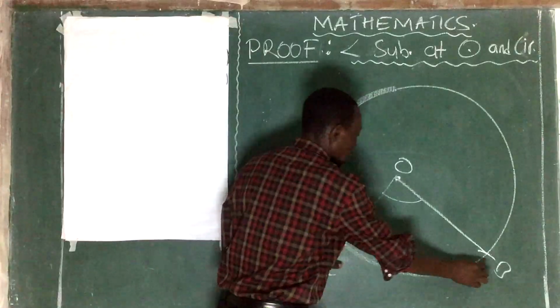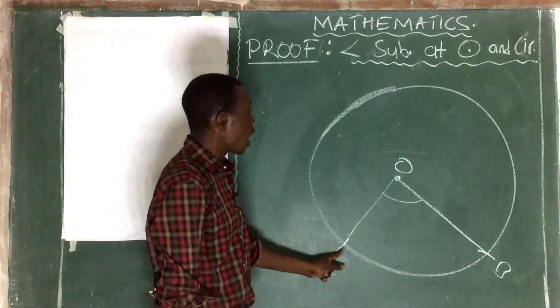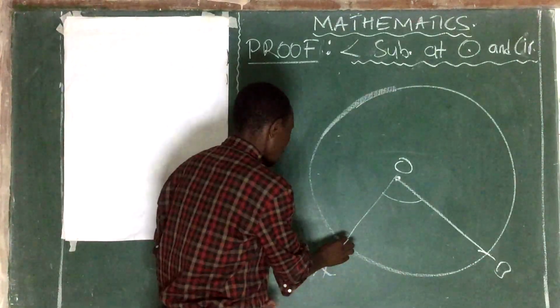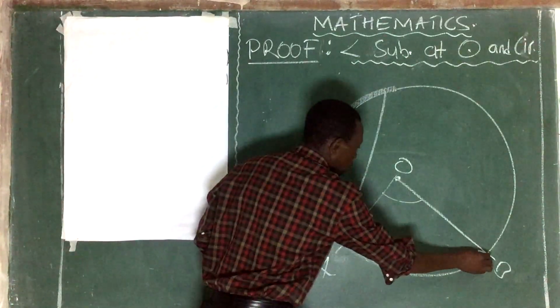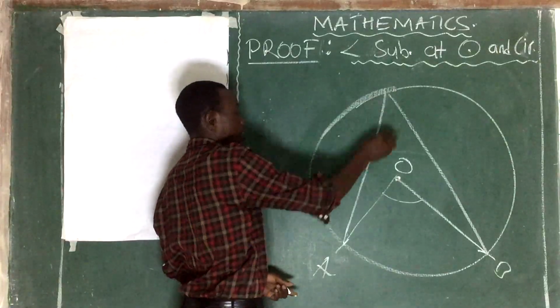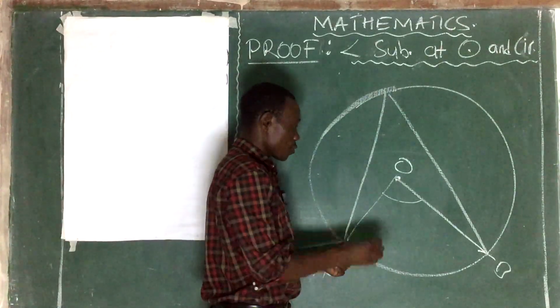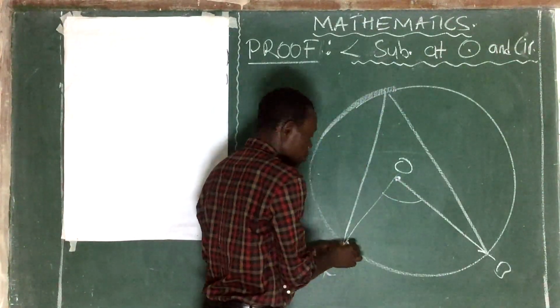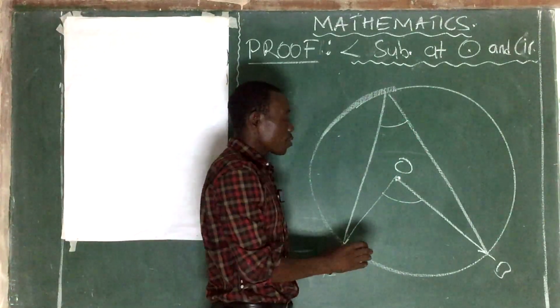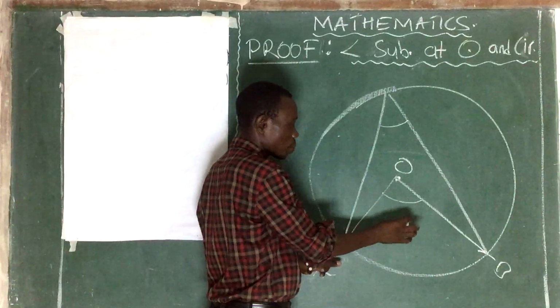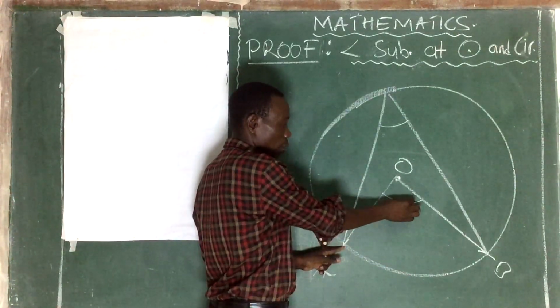And the same arc can also be opposite to an angle at the circumference. A line from A and B can also meet at the circumference like that. So the arc AB is opposite to an angle at the circumference, as it was opposite to the angle at the center.